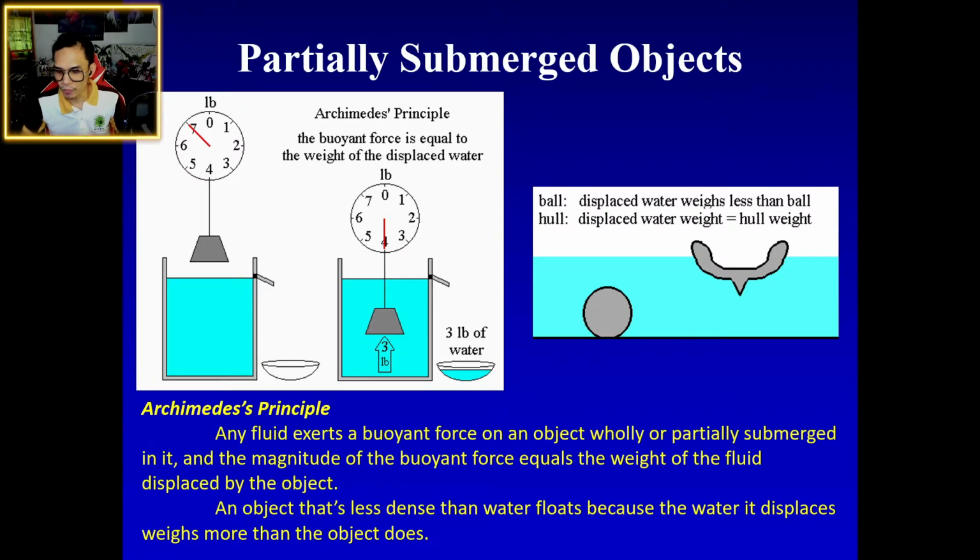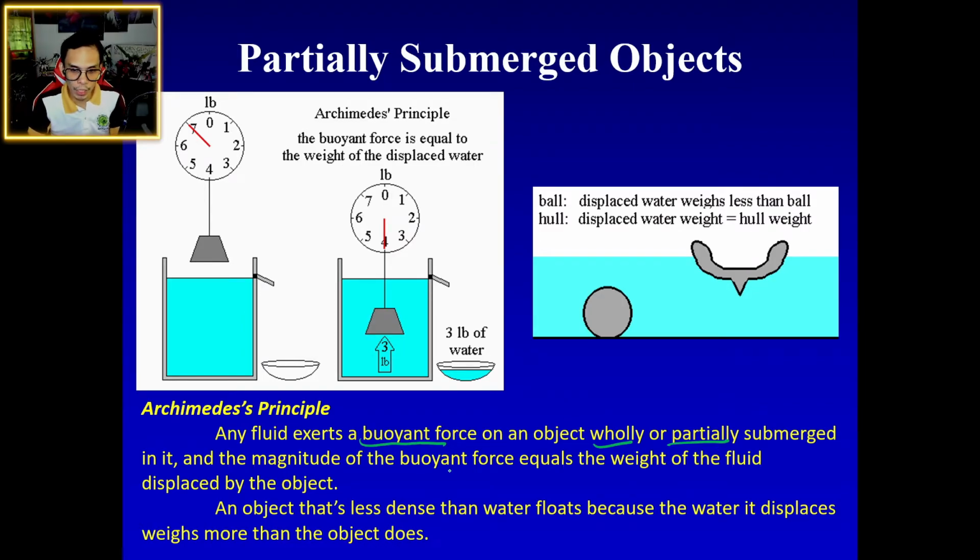It exerts a buoyant force on the object. Just like the mantle and the crust: the mantle exerts a buoyant force on the crust, although the crust is not submerged all throughout. It is just partially submerged.